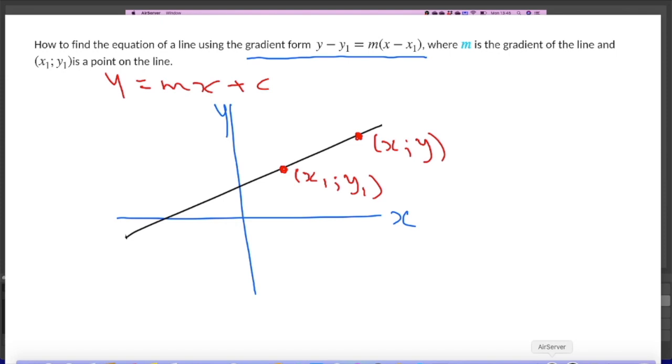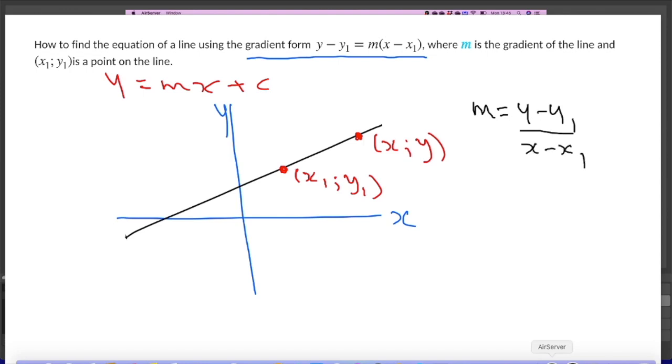So using these 2 points, you can work out the gradient of the line. So the gradient of the line will become m equals y2 minus y1. So in this case, it's y minus y1, and that is divided by x minus x1.